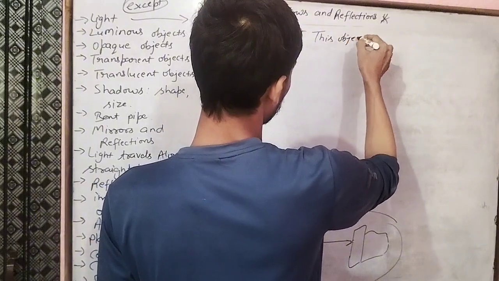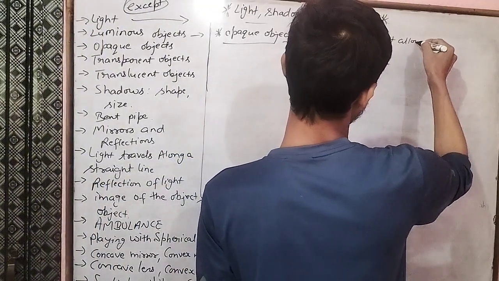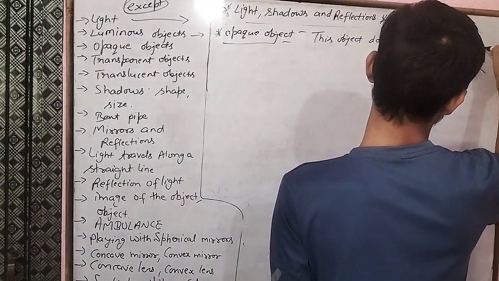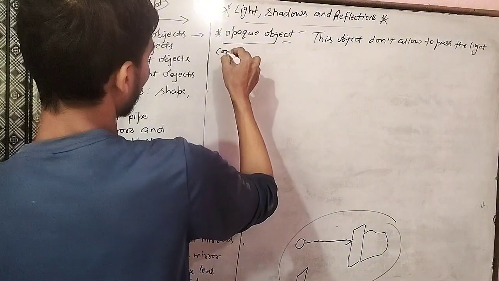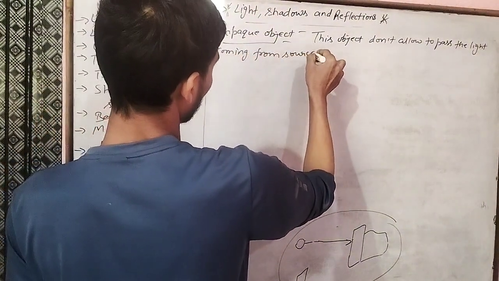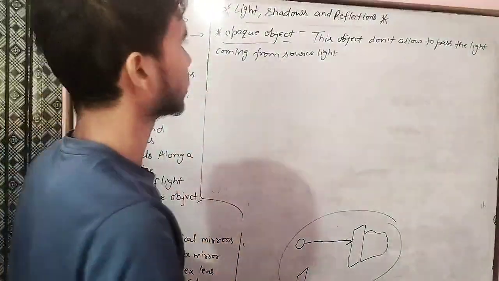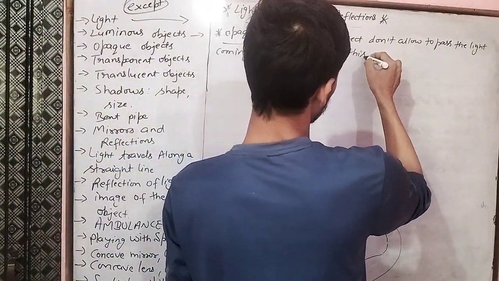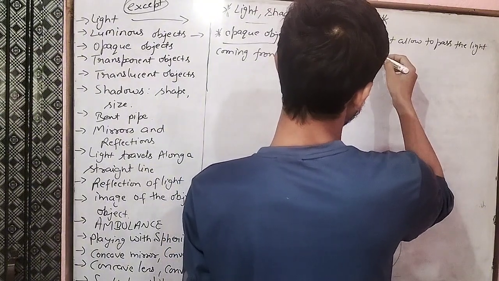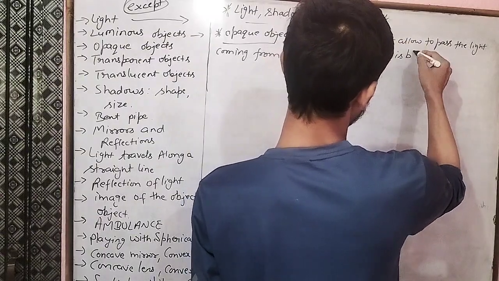This object doesn't allow to pass the light coming from source light. Clear? This light is blocked.